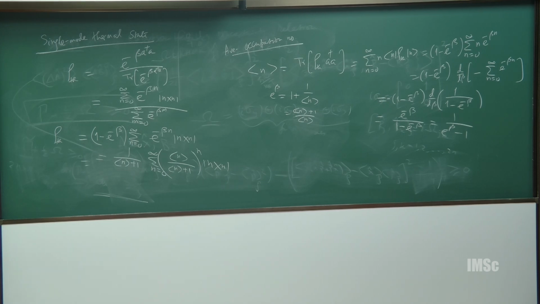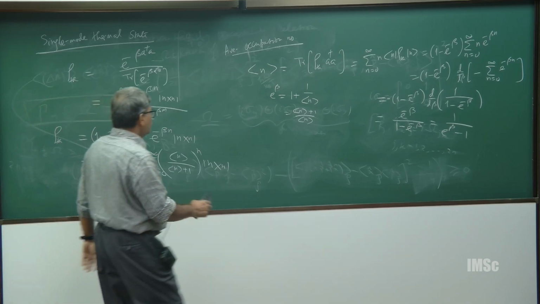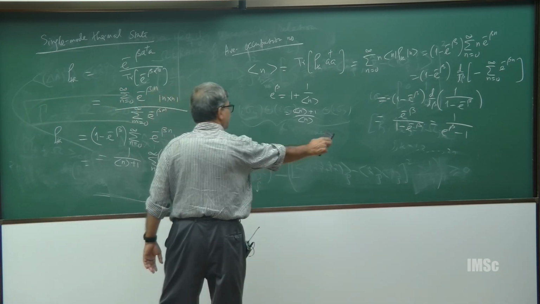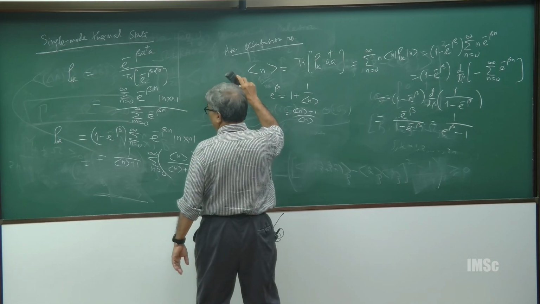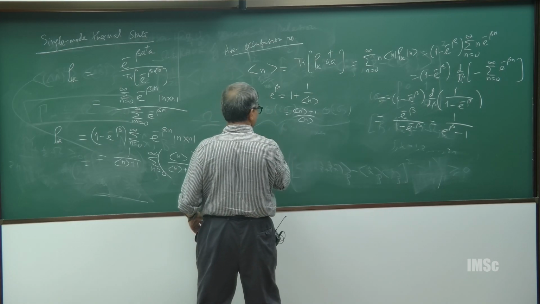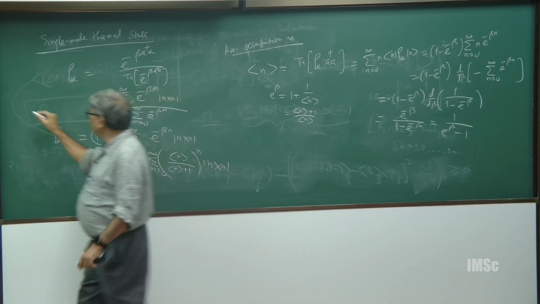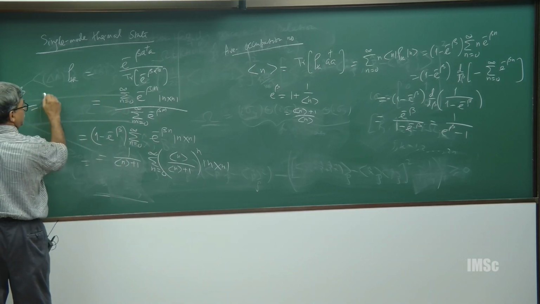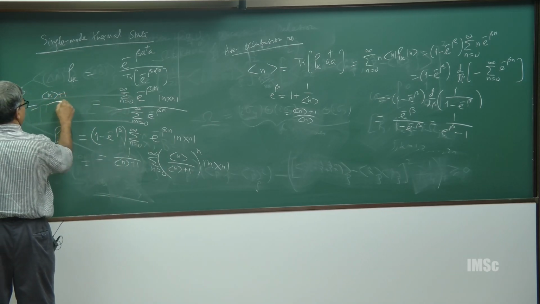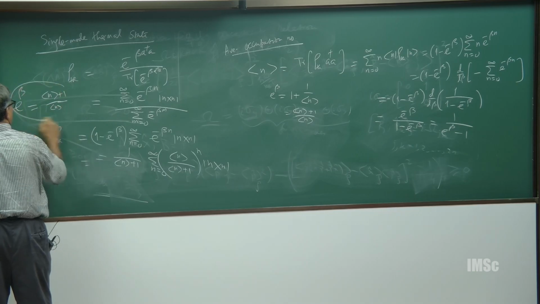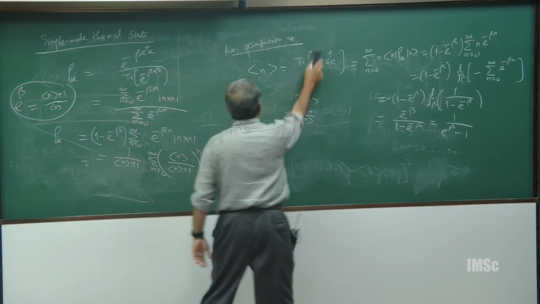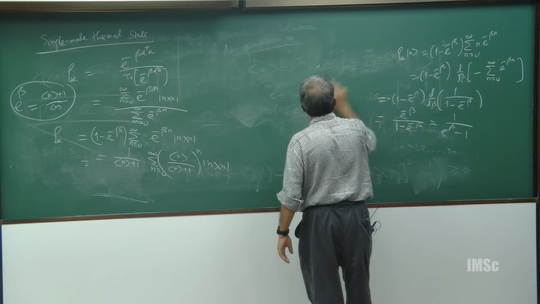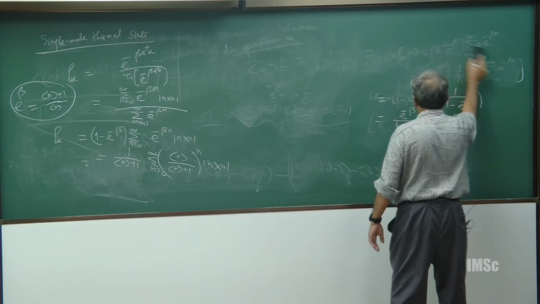Now, so what I want is, maybe I will erase this part. I will just write for you e to the power beta is equal to n plus 1 by n. So, now what I would like to get is the covariance matrix of this.